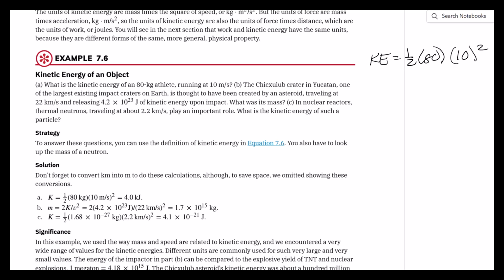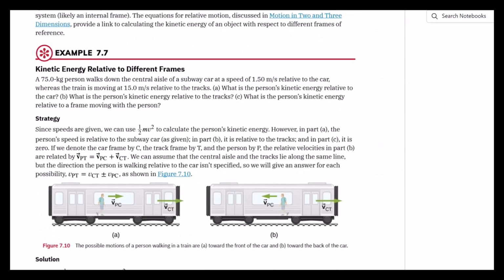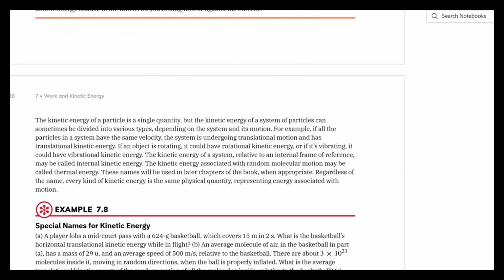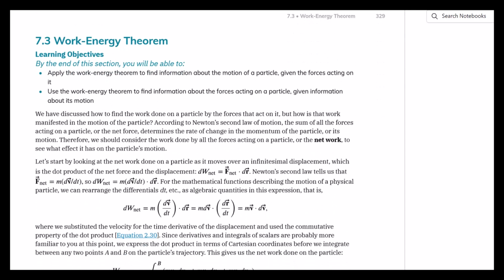I mean, that's about all you have there. So kinetic energy. Now, the reason that this matters is with respect to different frames. If you really wanted to get into this, this is something else. Translational kinetic energy, I'm not worried about that.